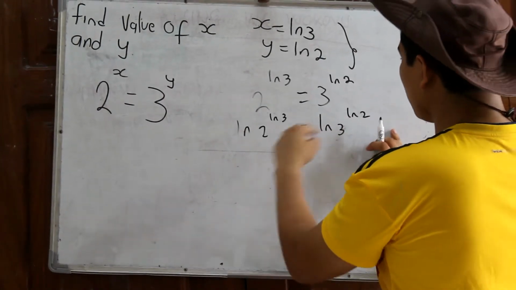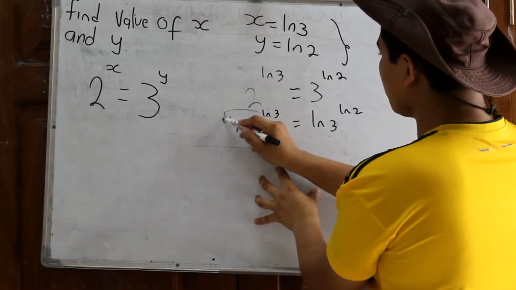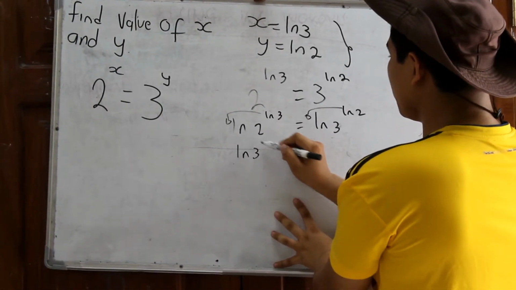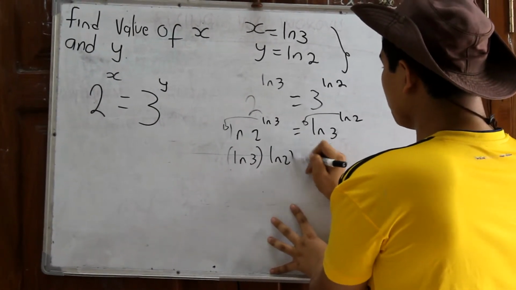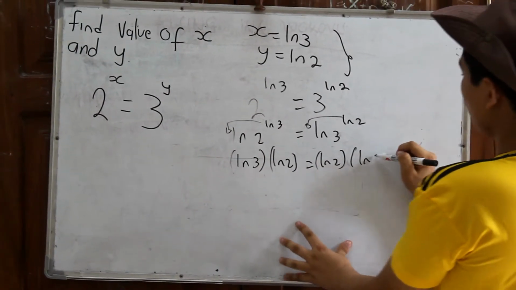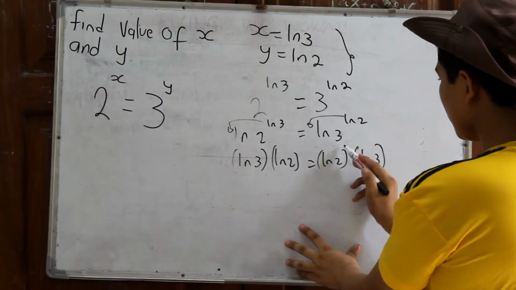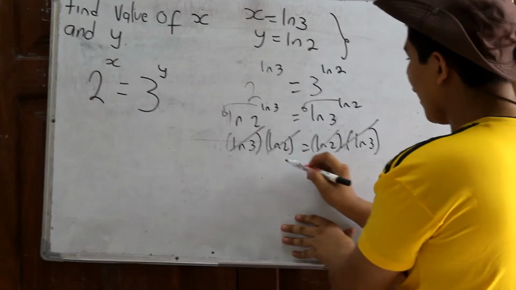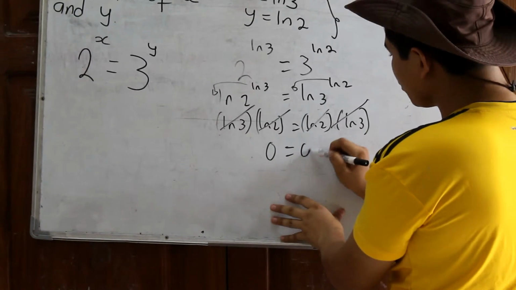So this ln of 3 should come down, and the same as this one. So I remain with ln of 3 times ln of 2 is equal to ln of 2 times ln of 3. Now you can see that the ln of 2 will cancel with this, and this one will cancel with this. I remain with 0 is equal to 0.